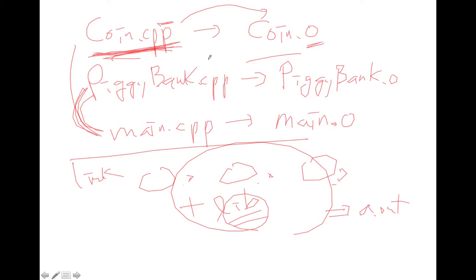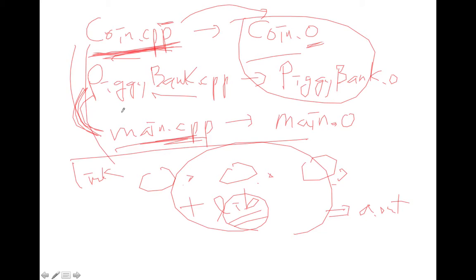If you change one of the files, limit the retranslation to that and the dependent ones only, not everything again. If you change main.cpp, chances are you don't have to retranslate coin or piggybank. In that way, we can save time in building the executable code.